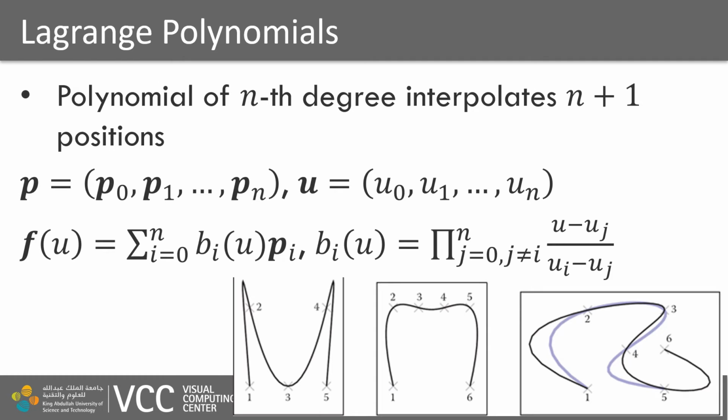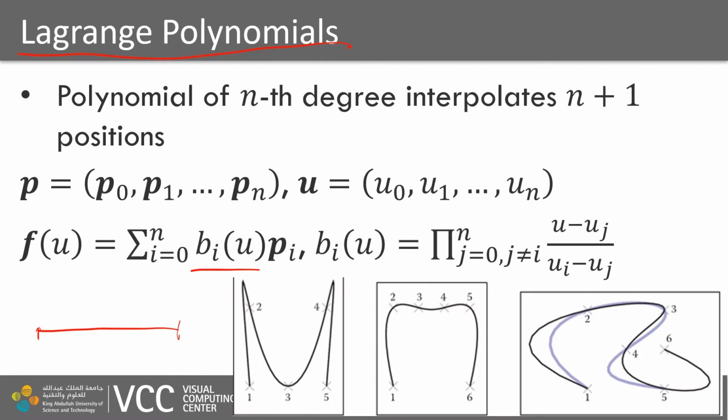So these basis functions, which we will generate, this bi with our parameter u, we can formulate through different procedures. And one such procedure is called Lagrange polynomials, where we are defining the basis functions through a product based on the values of u, which are our knots within the parameter range.